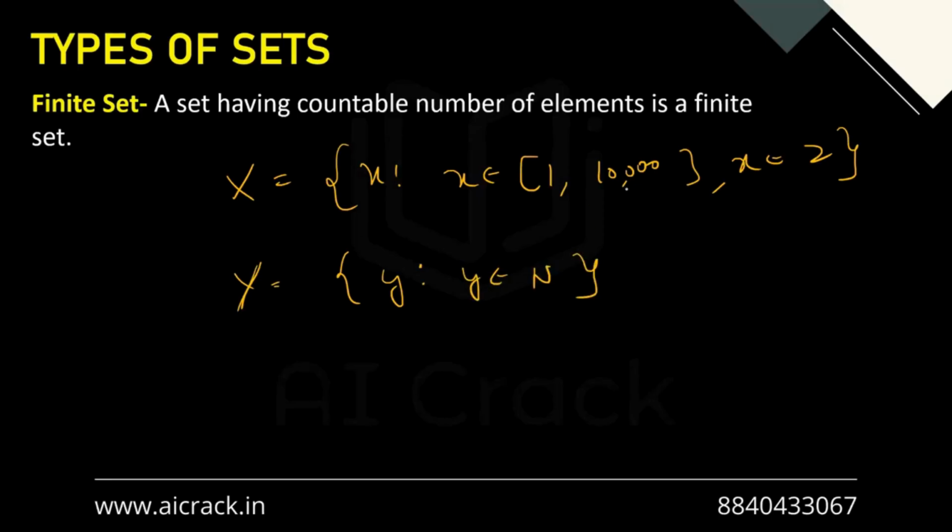Now in this case, we can clearly see that there are 10,000 elements from 1 to 10,000 and all of them are integers. So we have 10,000 elements over here, but over here we have no count because natural numbers are actually infinite. So this set is an infinite set, and this set is a finite set.